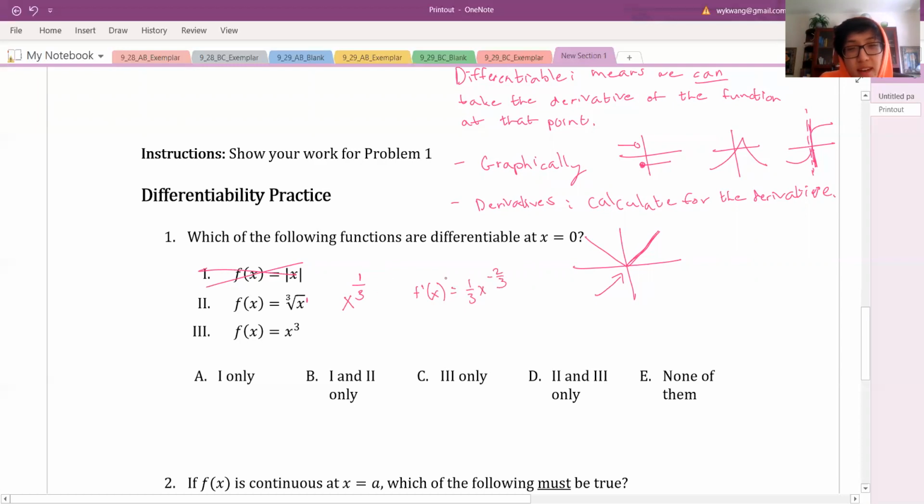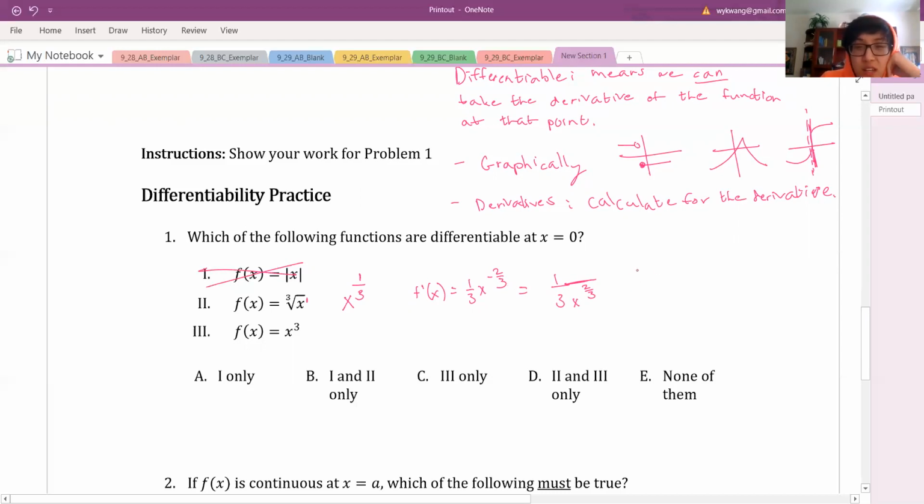I bring the 1/3 down, and then I subtract 1 from the exponent, so negative 2/3, which is really equal to 1/3, and then using the negative exponent rule, x to the 2/3, right? Because I had x to the negative 2/3, I flipped it over to the denominator, so now it's positive 2/3.